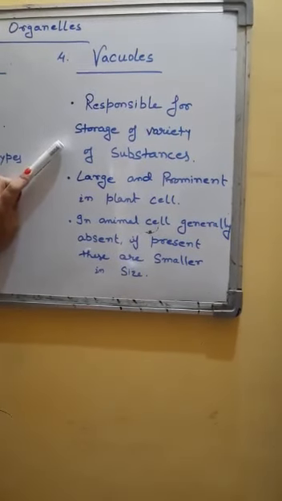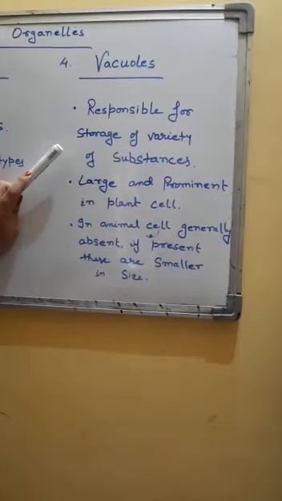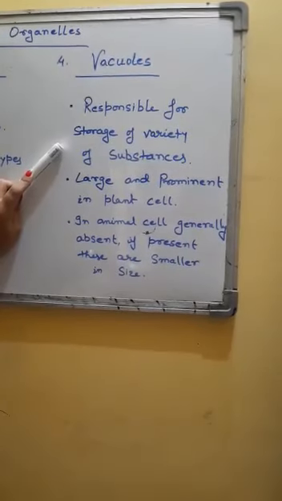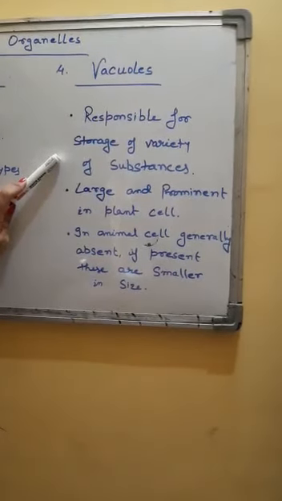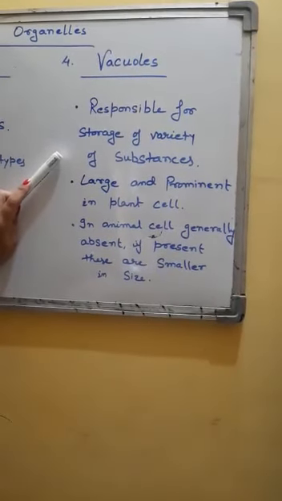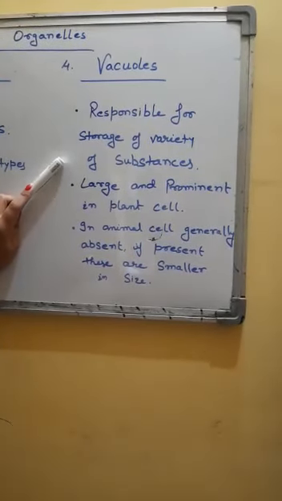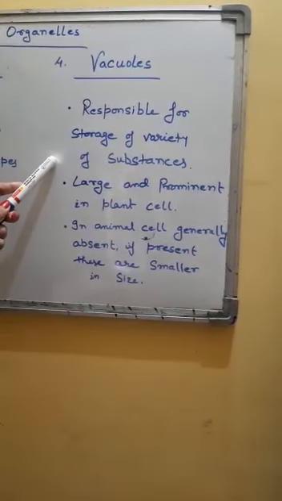A vacuole is surrounded by a permeable membrane which is called tonoplast. The membrane present on the vacuole is called tonoplast, and it is differentially permeable. It allows some substances to pass through it, and that's why it performs the function of storage of substances.